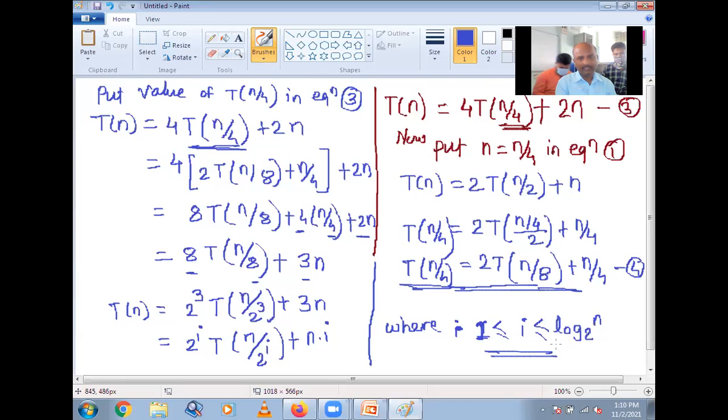So instead of i, we take i equal to log n base 2 and put it in this equation.